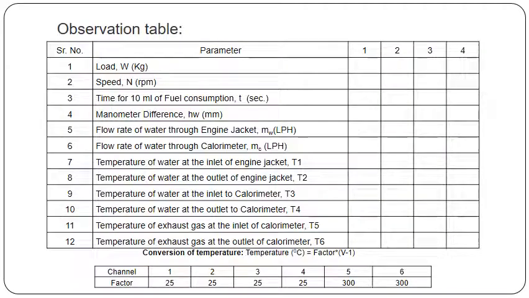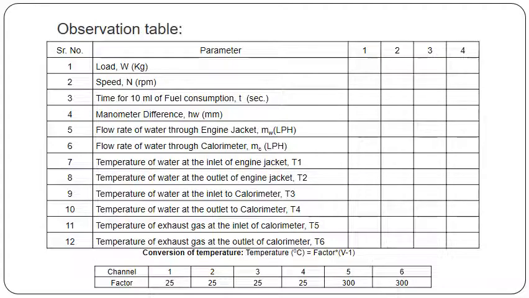So what are the observations which are to be noted down? First one is the load. So we are varying the load. We start from zero load and it can be increased to the maximum load which the engine can cater. Then speed is measured at each and every load.